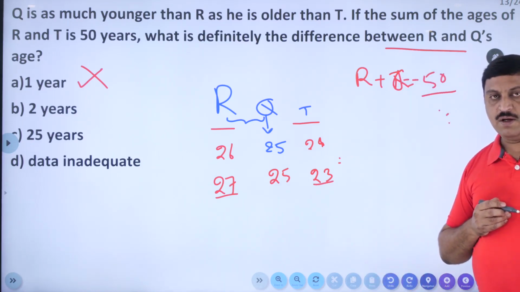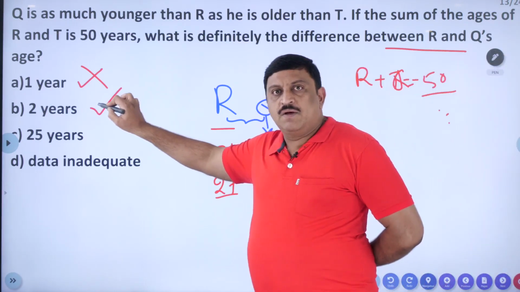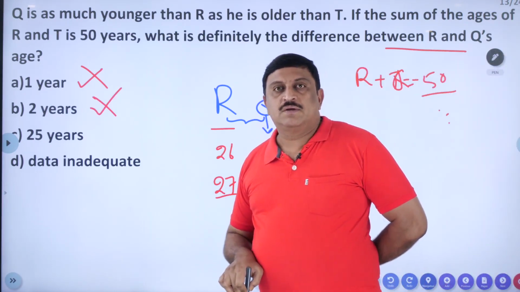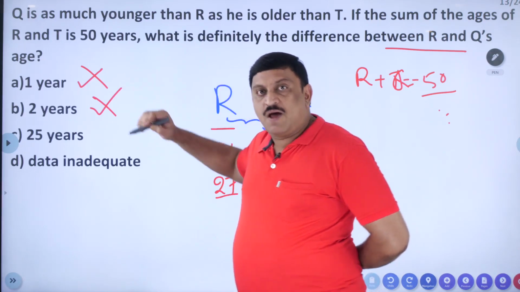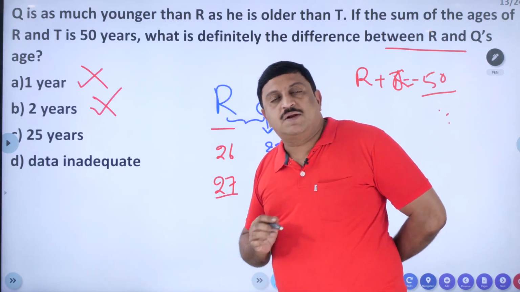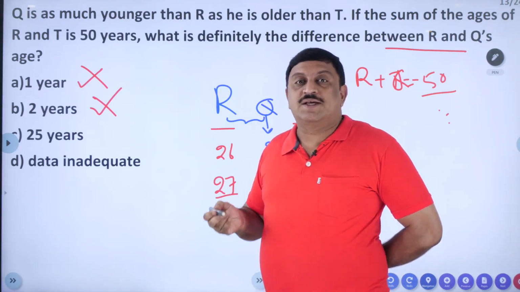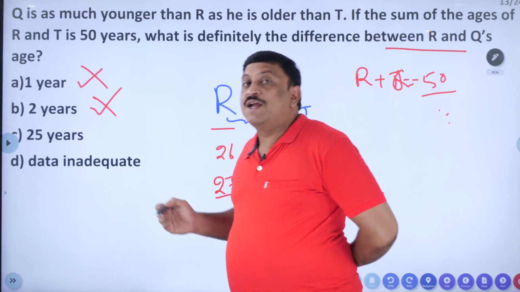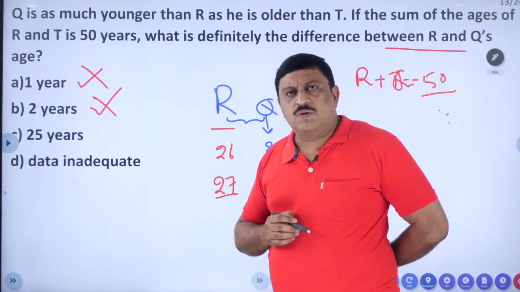Is it not? Again, that means the second option is also right, which is absolutely wrong. That means if you get answers for more than one option, what do you mean by that? If you get more than one answer, it is nothing but data inadequate. Data inadequate. Why is it so?